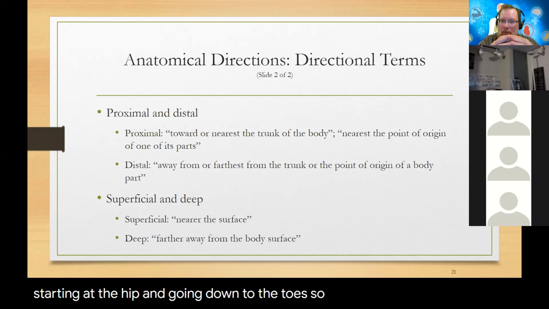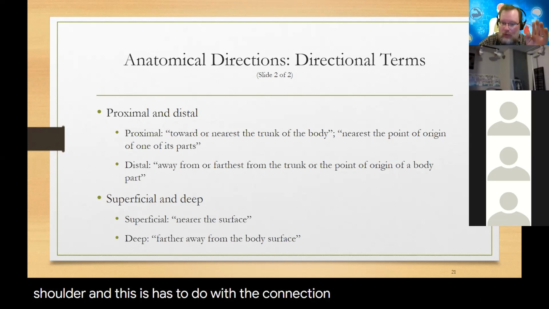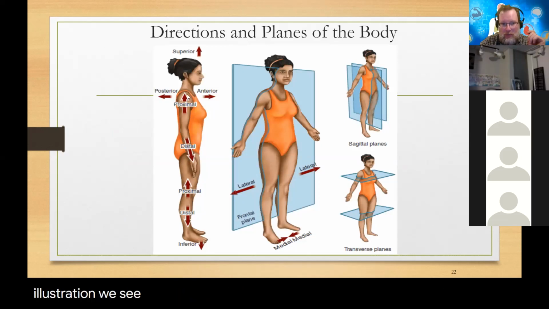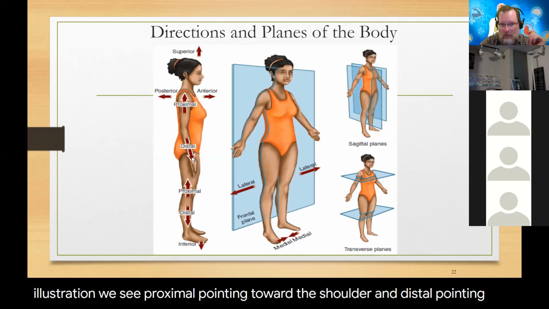So, for example, the shoulder has to do with the connection point. When we look at this illustration, we see proximal pointing toward the shoulder and distal pointing down toward the fingertips.